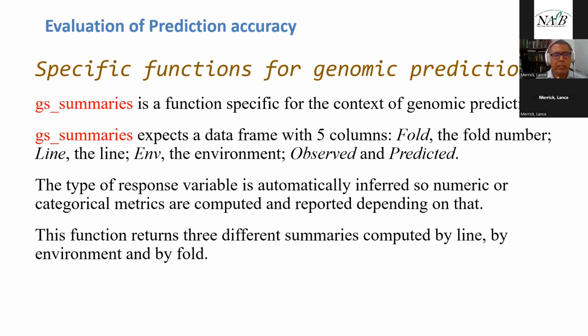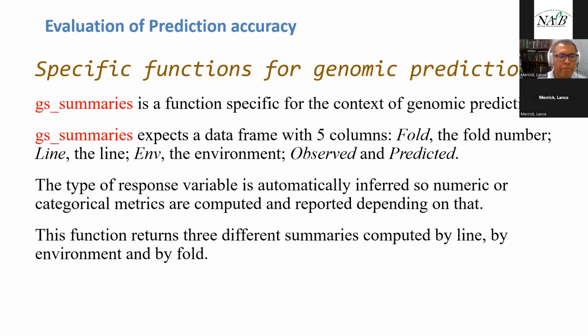This means that you need to provide a data frame with 5 columns. The order of the 5 columns is not important, but with this data frame, the GS summaries automatically detect which type of response variable you are predicting and compute the metrics appropriate for regression problems or for categorical problems, and provides you the summary across environments and for each specific environment.